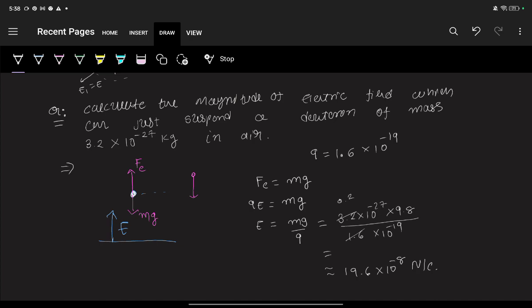But if it is any other element, for example iron, that would be different. So what is a deuteron?